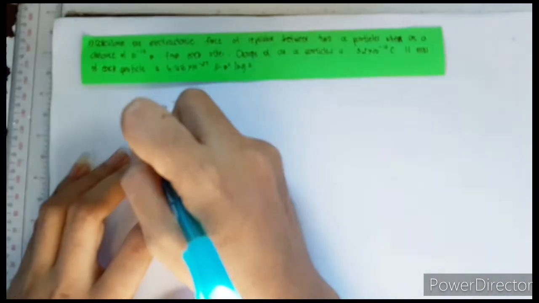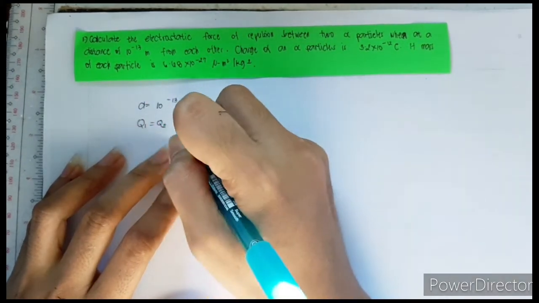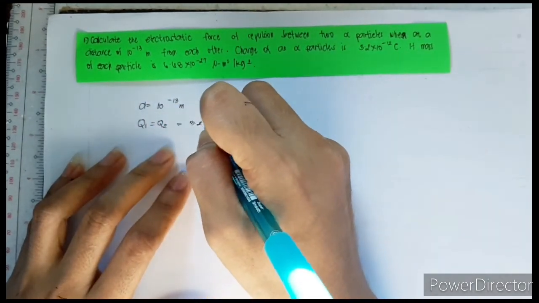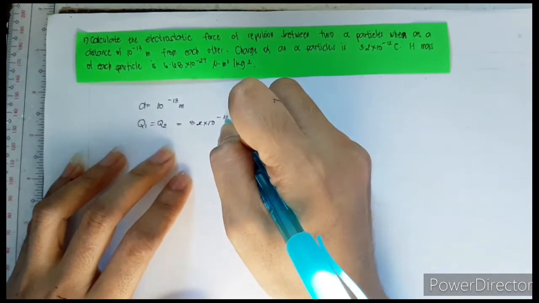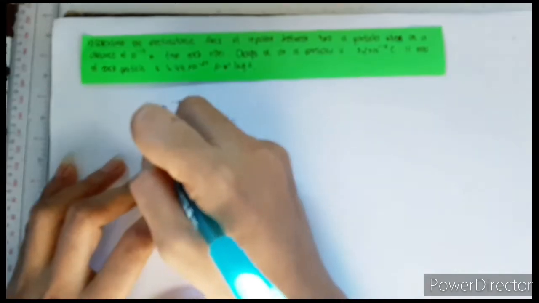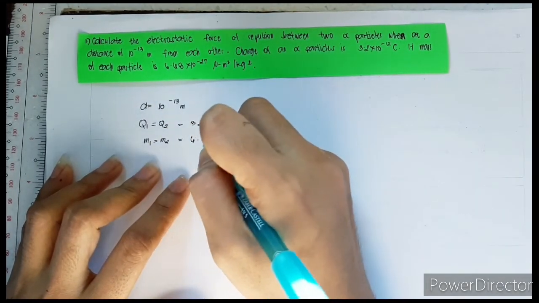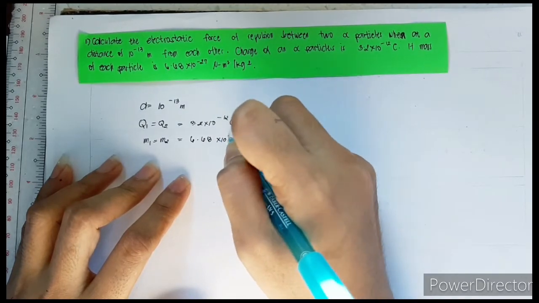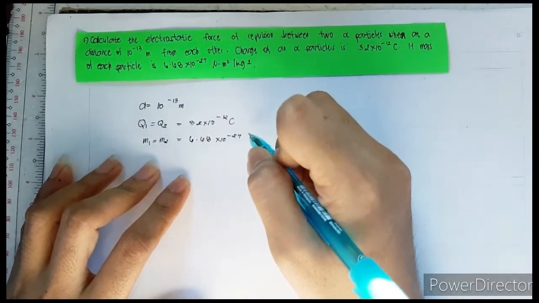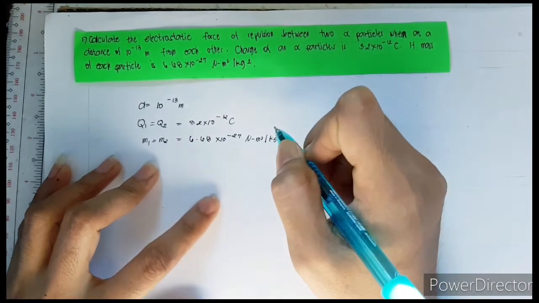So we have here Q1 is equal to Q2, and it is 3.2 times 10 raised to negative 12 coulombs. And for the mass also, we have here M1 is equal to M2, and it is 6.68 times 10 raised to negative 27 Newton meter squared per kilogram squared.